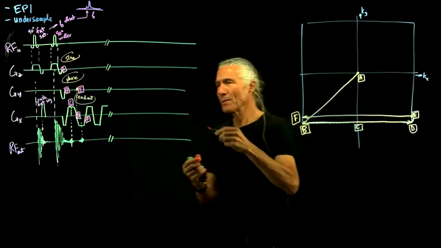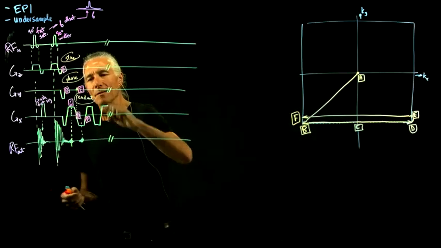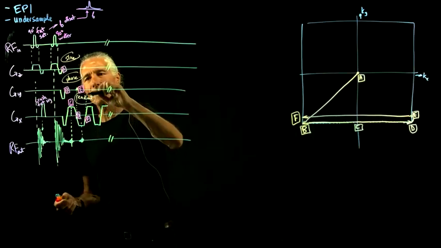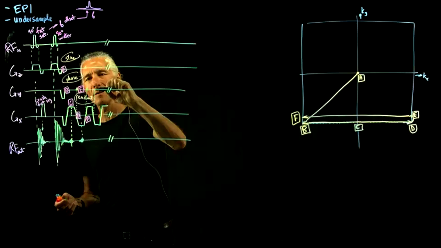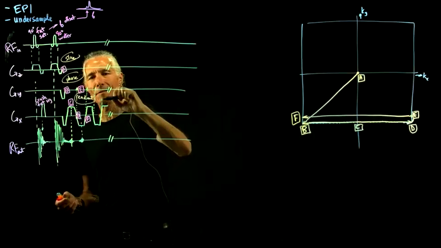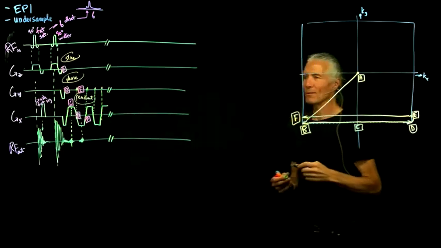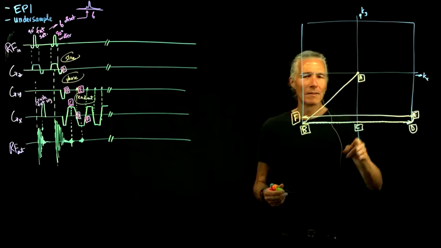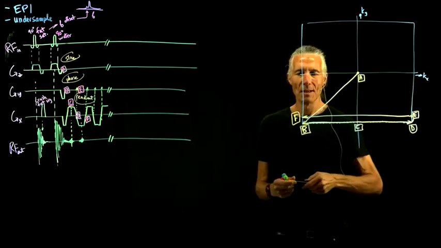There'll be another blip right here, another one, and another one right here, etc. So every time we cross 0 on the x gradient, there's another blip to take us up.